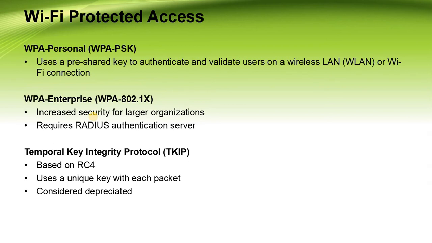TKIP works by mixing a secret root key with the initialization vector before RC4 encryption. WPA TKIP uses the same underlying mechanism as WEP and consequently is vulnerable to a number of similar attacks. TKIP is no longer considered secure and has been deprecated with the release of WPA2.